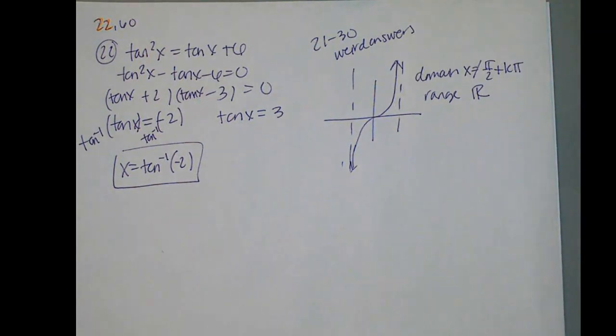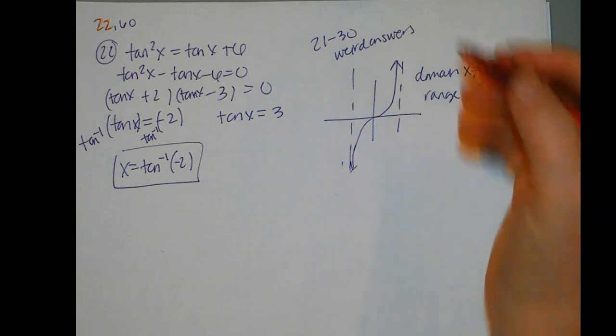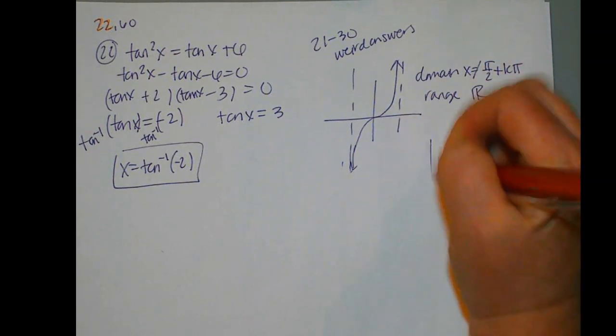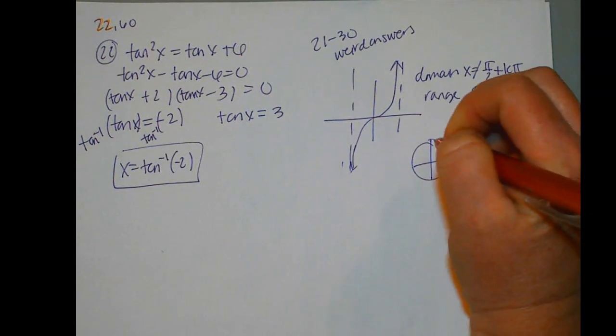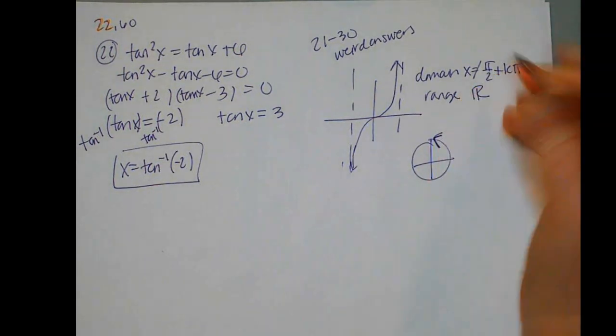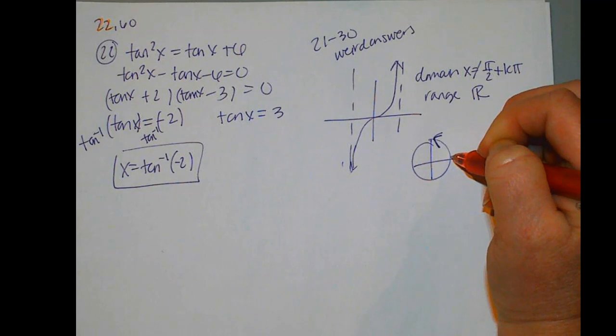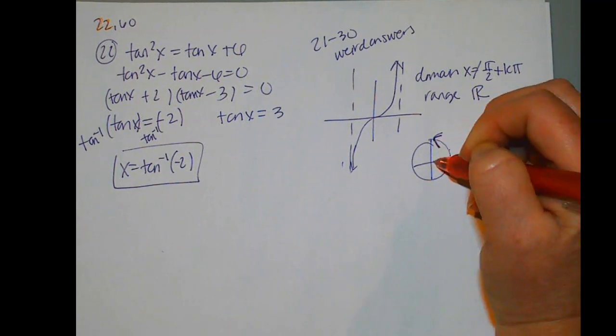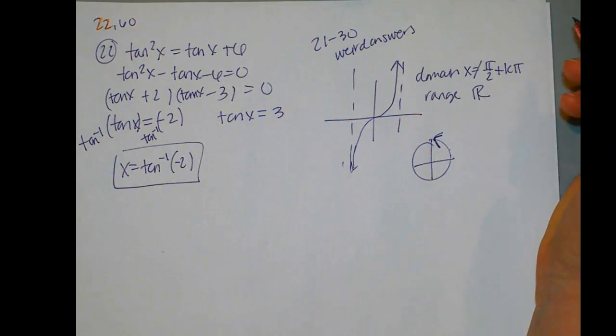So tangent is not limited by the -1, 1 because the ratio is such that, as you approach pi over 2, tangent is going like this. The x value that's on the bottom, I'm going to try really hard. I can see this again like Avatar.